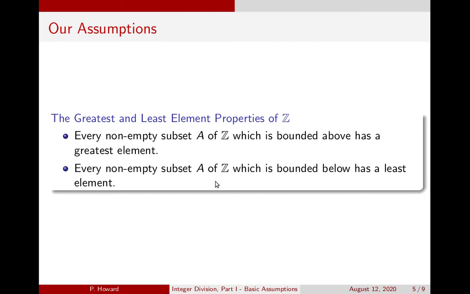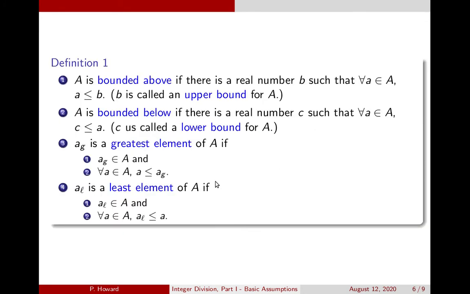Okay, a few definitions, probably not necessary, but just to make sure we're talking about the same concepts. A set capital A of numbers, of any set of real numbers, is bounded above if there is a real number b which is greater than or equal to all the elements of capital A. And if you find such a b, it's called an upper bound.